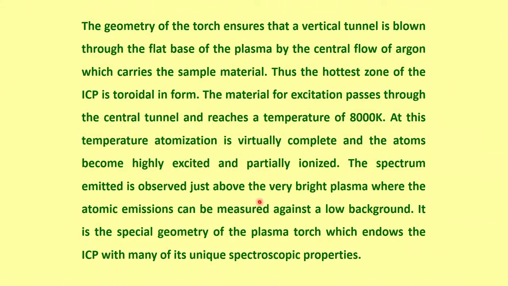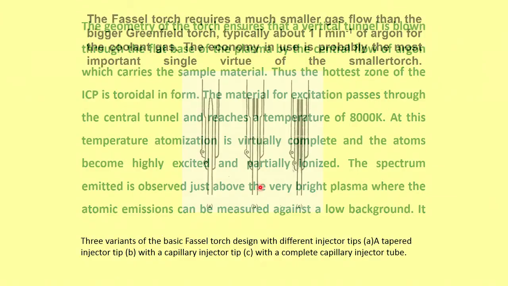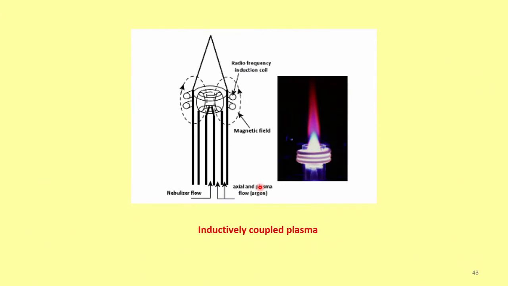The spectrum emitted is observed just above the very bright plasma, where atomic emissions can be measured against the low background. Again I will take you back to the Greenfield torch figure here.